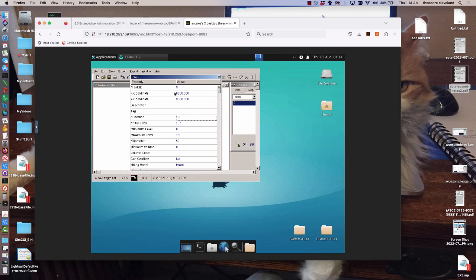And this one looks like it's starting out with the water at 135 feet. So the total head, at least at the starting condition, is 135 plus 180, which is 315.